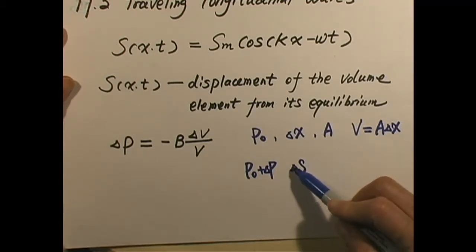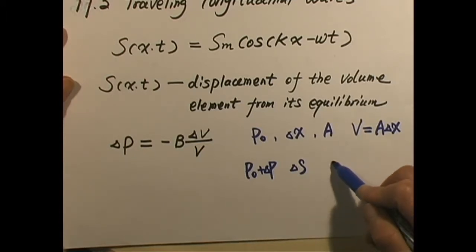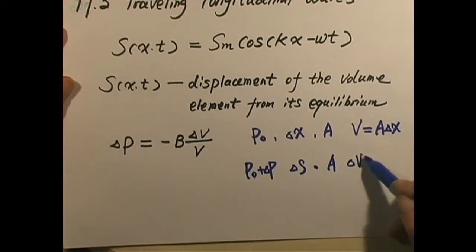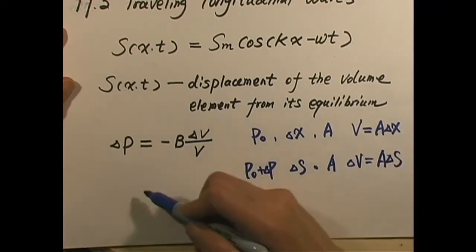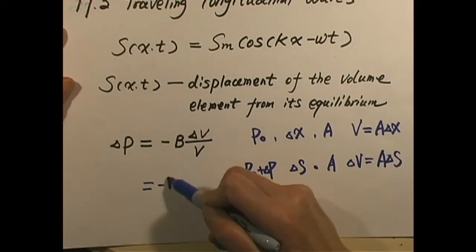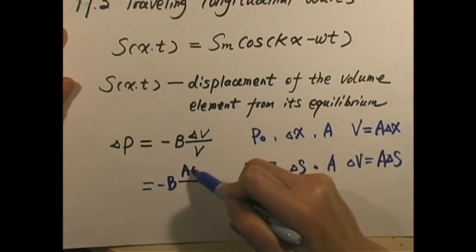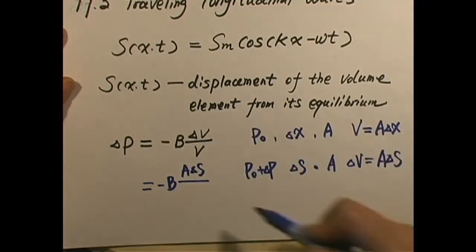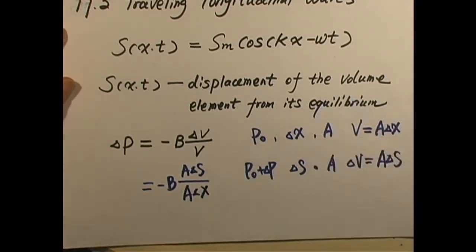So since this delta S is the change of the thickness, the cross-section area still remains A, then the change of volume equals cross-section area A times the change of thickness. So we replace delta V with A delta S, and originally V as A delta x.